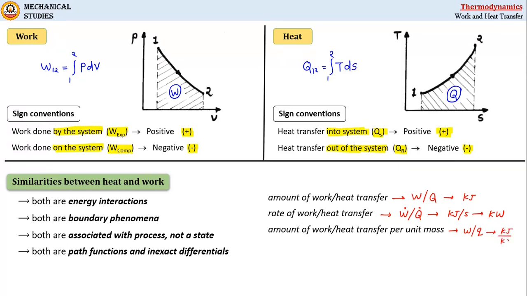Thus here for heat I can write total heat transferred Q will be equal to mass of the substance m into specific heat transfer, small q, or rate of heat transferred Q dot will be equal to mass flow rate m dot into specific heat transferred, small q, where small m is mass, expressed in kg, and small m dot is mass flow rate expressed in kg per second.